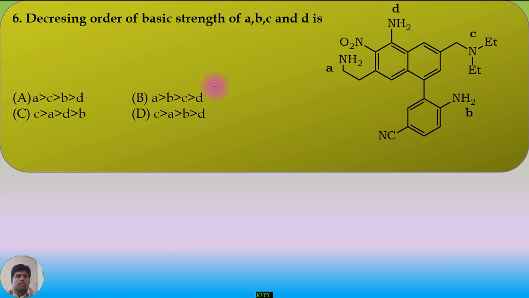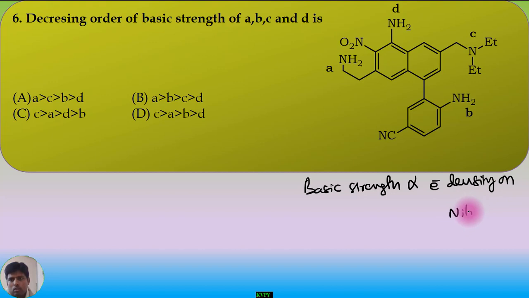Decreasing order of basic strength of A, B, C and D. So this is the molecule given here. So we should know basic strength is proportional to electron density on nitrogen. This is the main point we need to check here.